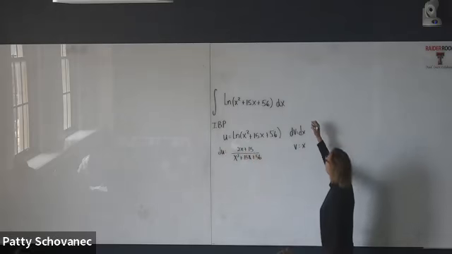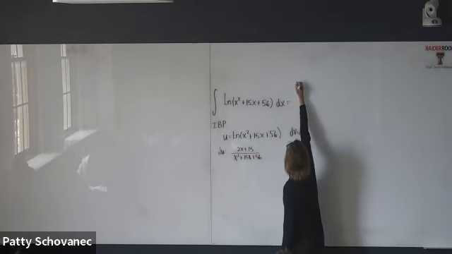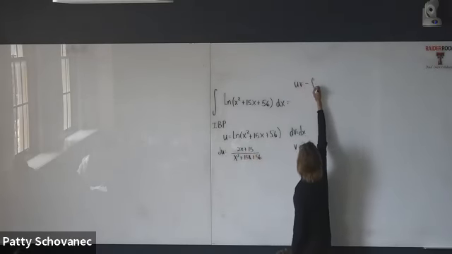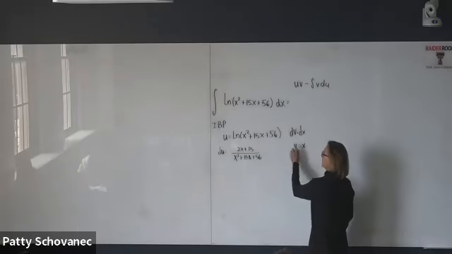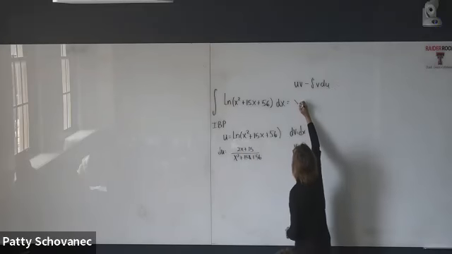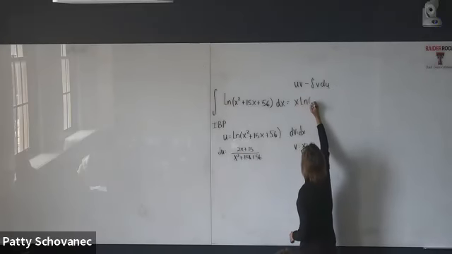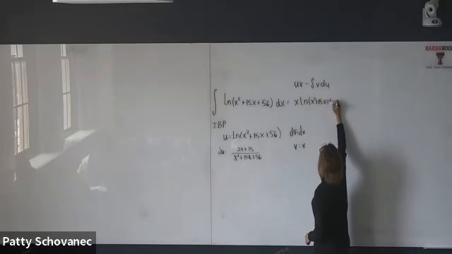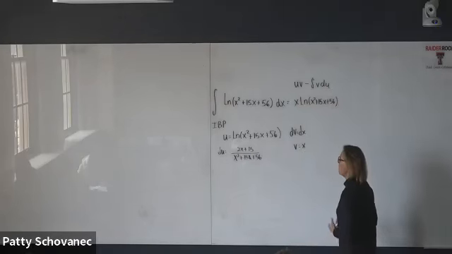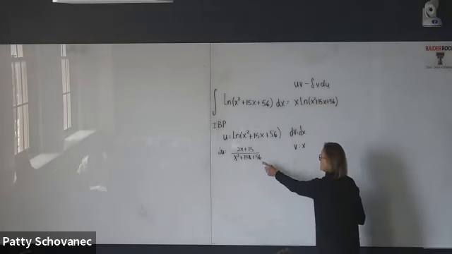And so when we put our integration by parts scheme over here, u times v minus the integral of v du, I get x times the logarithm minus the integral of v times du.